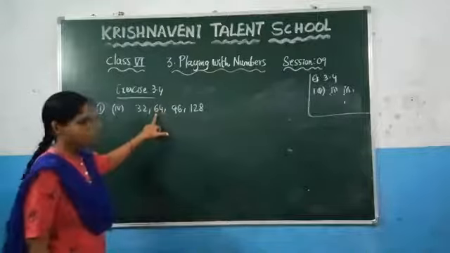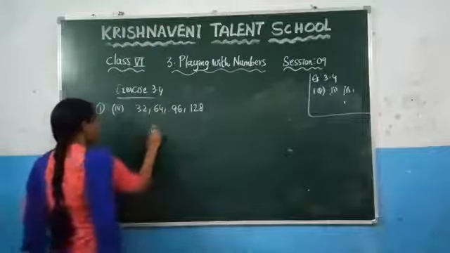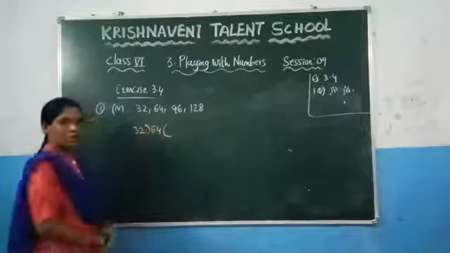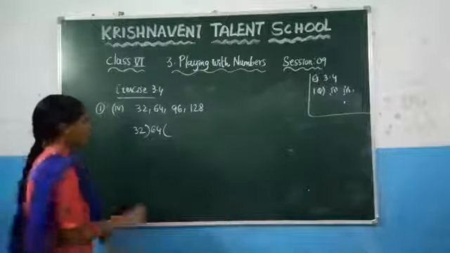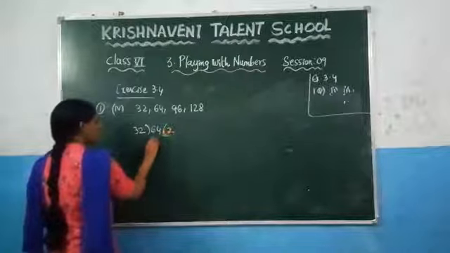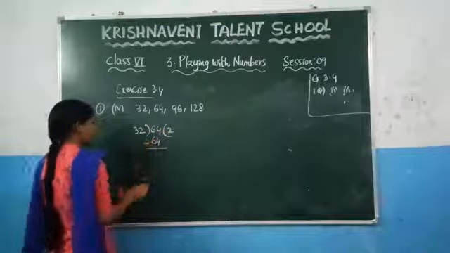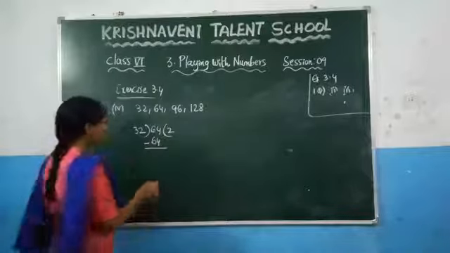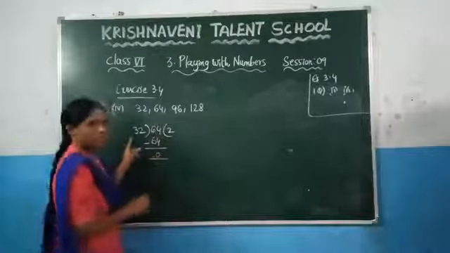What is the greatest number here? 64. Divide 64 by the smallest number, which is 32. And you know that 32 twos are 64. So write 2 here and 64 below. We got the remainder as 0. There is no need to divide with the divisor. So the last divisor in this case is 32.